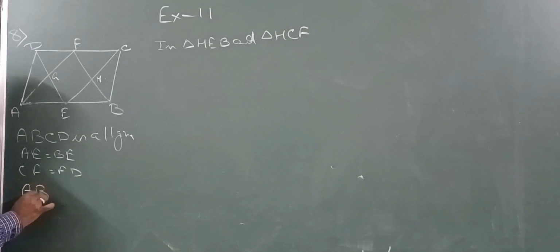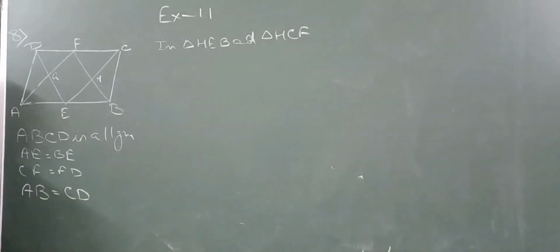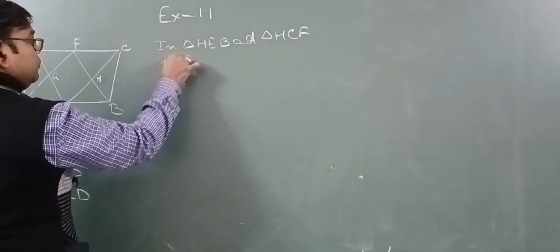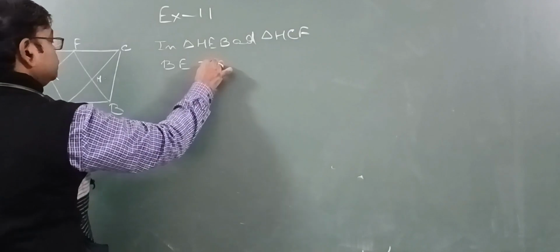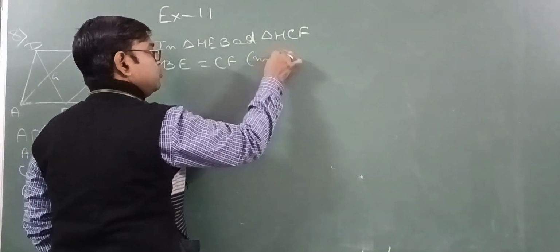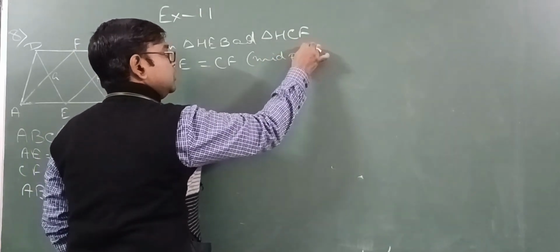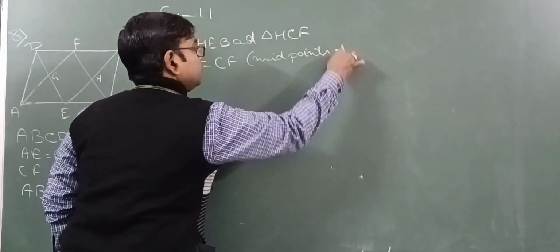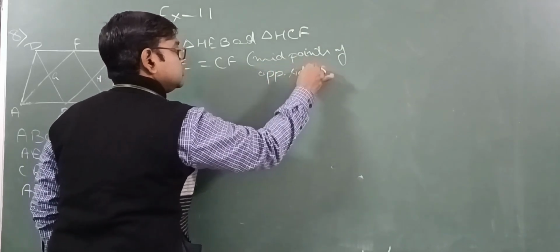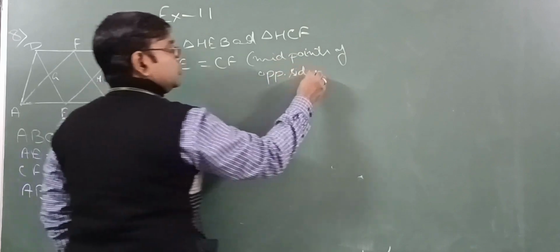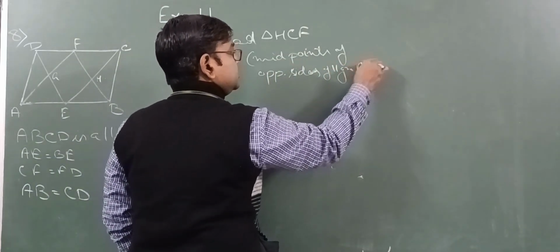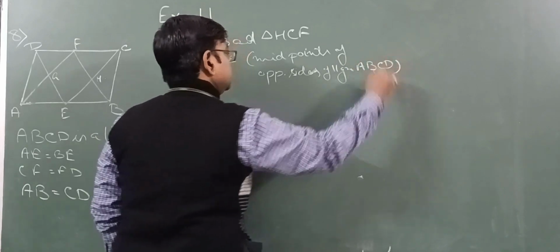E is a midpoint, so we can write BE equals CF, because they are midpoints of opposite sides of parallelogram ABCD. This is clear?